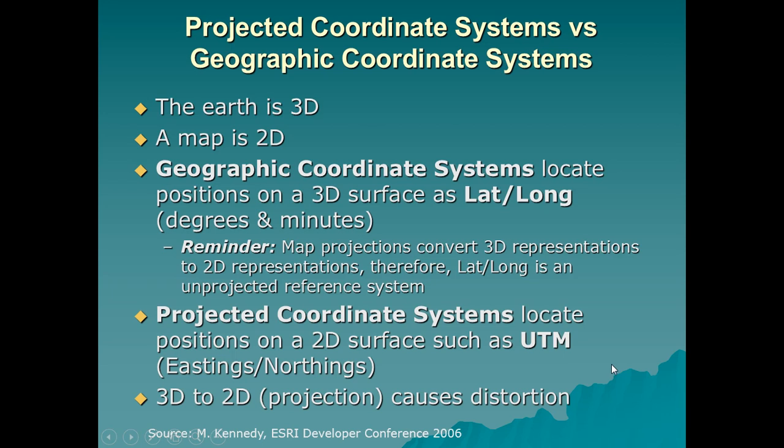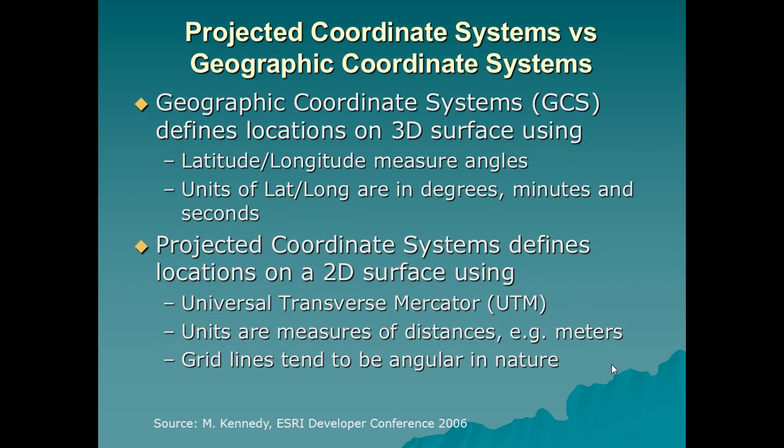Alright, so we're continuing. Again, for the geographic coordinate systems, we represent location using latitude and longitude, which actually measures angles, right? And as mentioned before, it's expressed in degrees, minutes, and seconds.